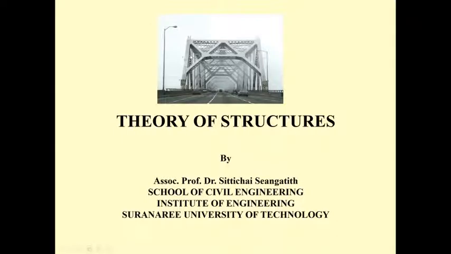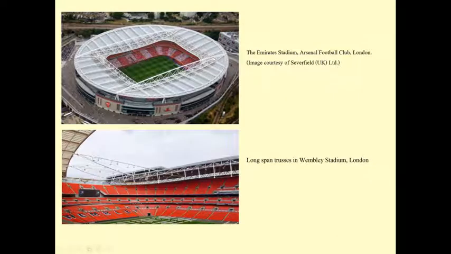Okay, let's see some examples. We may take a look at this big stadium. If you are a football fan, you may recall that this is the Emirates Stadium, the Arsenal Football Club stadium in London. They use the truss on the roof that spans the whole stadium, so this is quite a large truss.